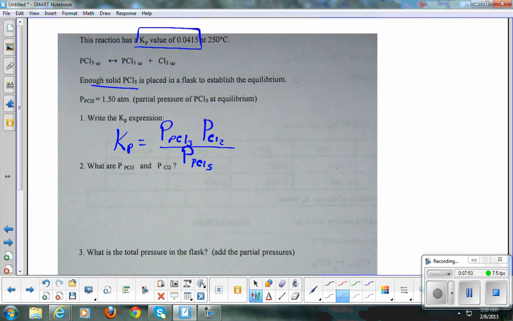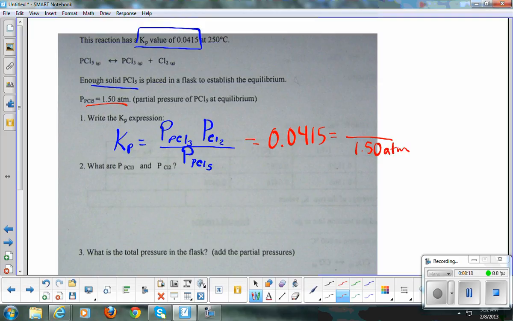Now we're going to plug in what we know. We know that Kp is equal to 0.0415, right? We also know PCl5 on the bottom is 1.50 atmospheres.